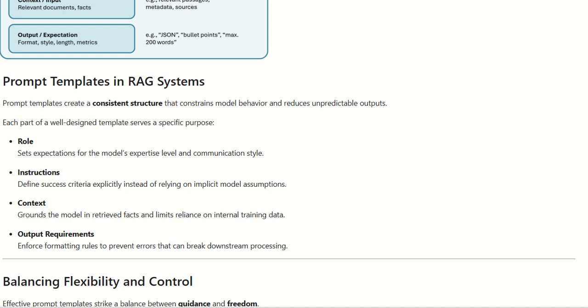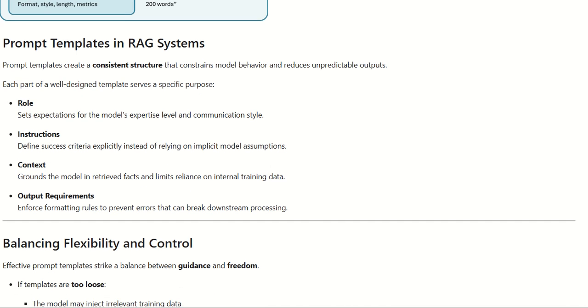Instructions define success criteria explicitly instead of relying on implicit model assumptions. Context grounds the model in retrieved facts and limits reliance on internal training data. Output requirements enforce formatting rules to prevent errors that can break downstream processing.